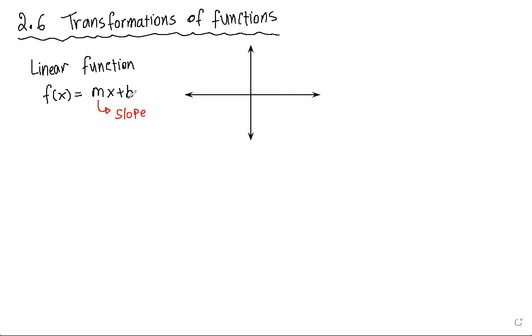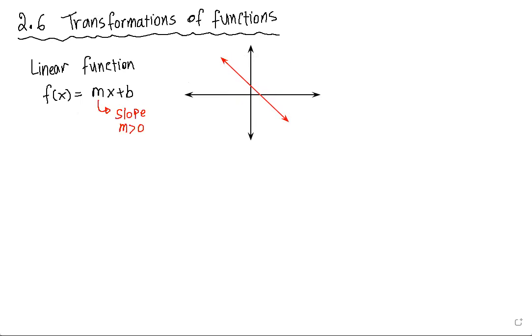If the slope is positive, the graph has a shape like this. If the slope is negative, the line has a shape like this. So suppose m is positive, so the graph will look like this. A line has a graph of this shape.